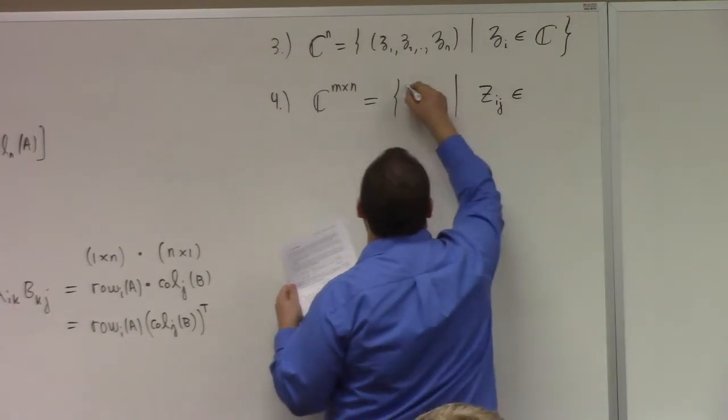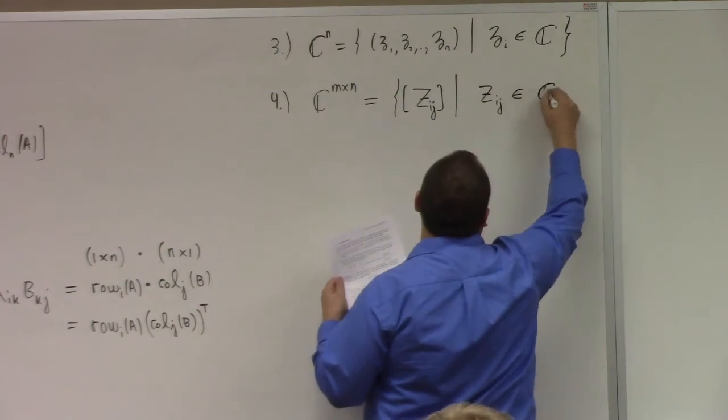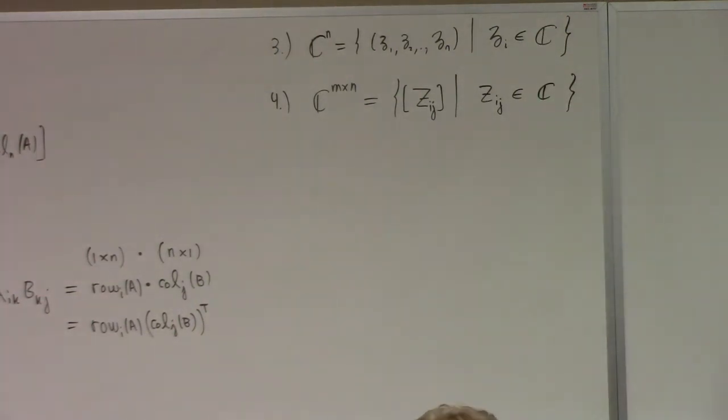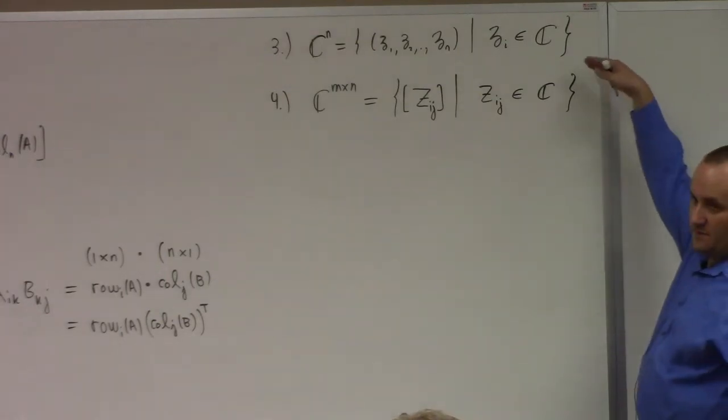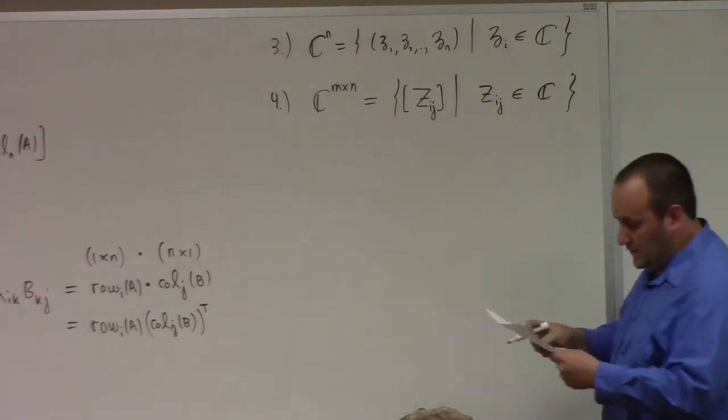I mean, I don't know what's the right notation. These are m by n arrays of complex numbers, all right? I don't want to belabor it. And you define addition and matrix multiplication just the same way for complex matrices, right? Now, these form real vector spaces. I mean, it's also true that these form complex vector spaces in the sense that you can scalar multiply by a complex number. All right, fine.